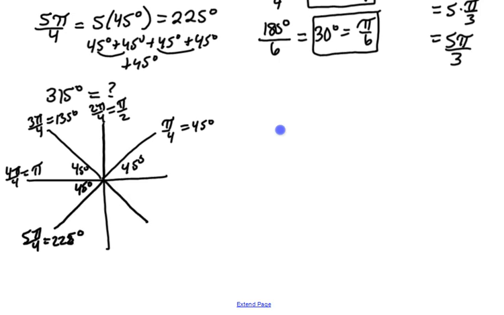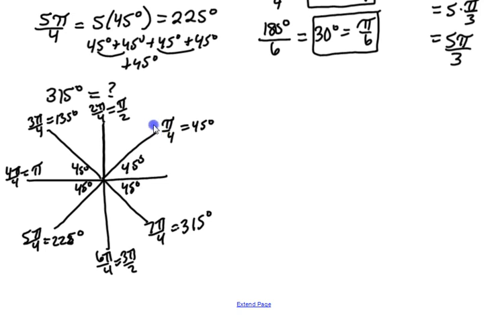And then this would be 6 pi over 4, but that's the same as 3 pi over 2. So this one's going to be 7 pi over 4, and that's a 45-degree angle here. And so this is going to be my angle 315. So notice that if it's a 45-degree reference angle, the 45, 135, 225, and 315, then they're always going to be some fraction with pi over 4.